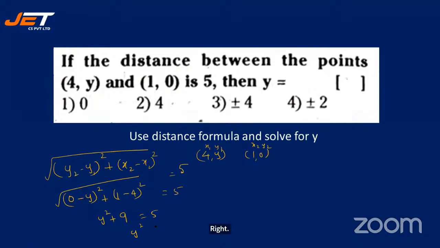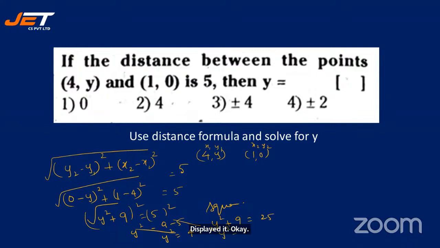So what is y square? It will be 9 minus 5, which is 4. So you have to just square it. You will get y square plus 9 is equal to 25.